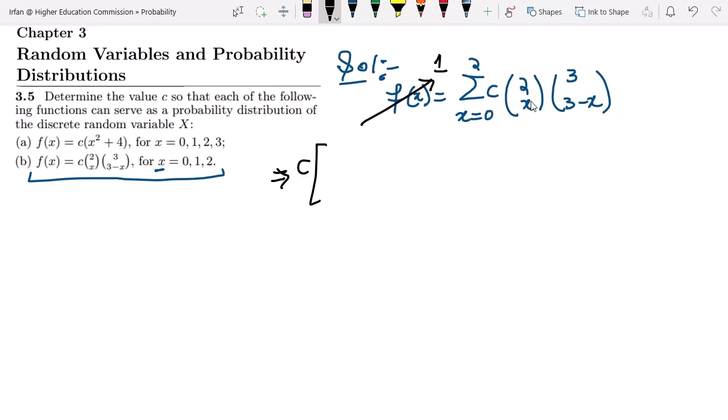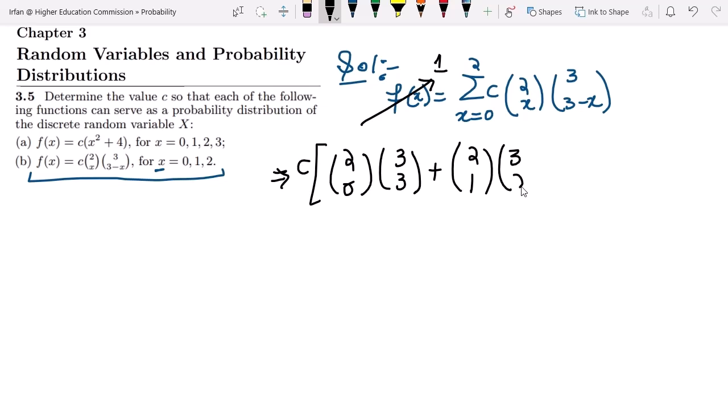This c is now common between all of them, so let me start it from 0, so it will be 2 choose 0, okay, 3 minus 0 is 3, so it will be here. Now similarly plus 2 choose 1, here 3 and the choices are 3 minus 1, so 3 minus 1 is 2, okay, and plus, now here I have 2 choose 2, and here 3 minus 2 is 1. Okay, so this and this must be equal to 1.